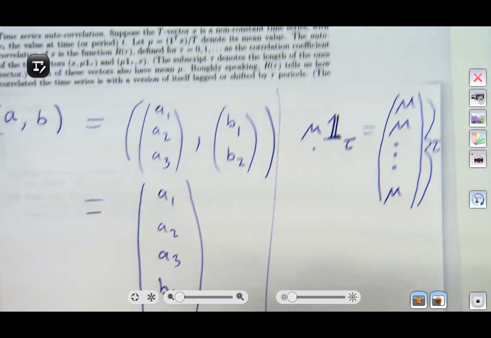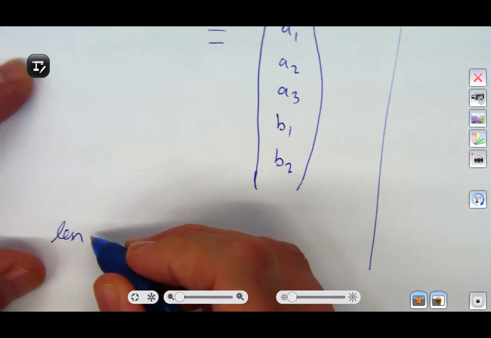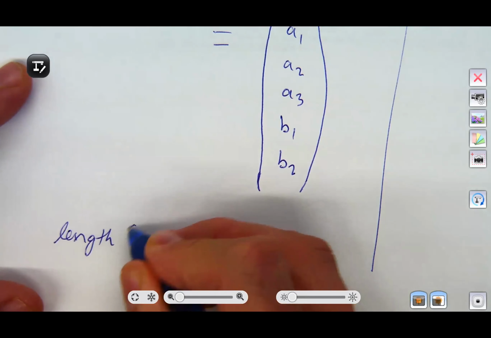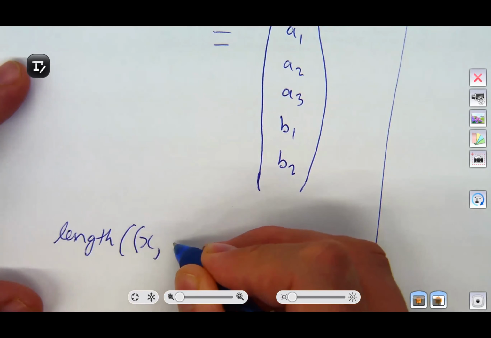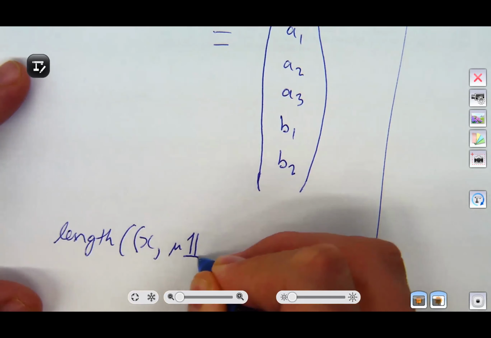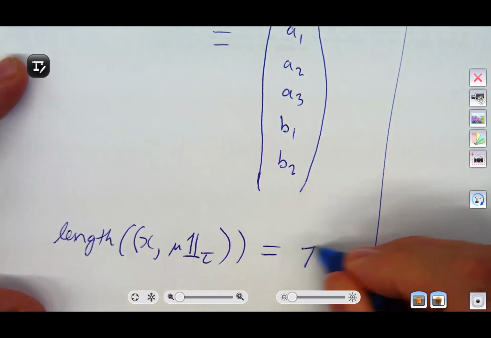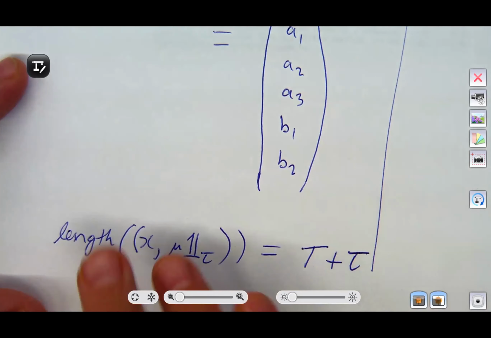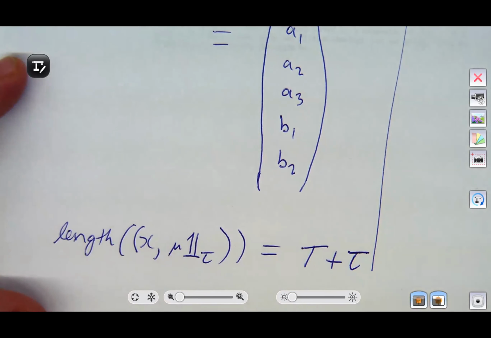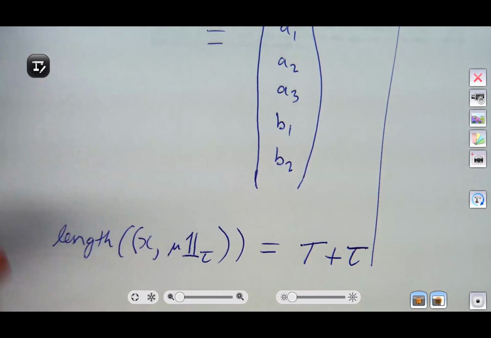Length of X glued with mu bold 1 tau equals T plus tau. And obviously, if you swap that around, it's tau plus T, which is T plus tau. Okay, good.